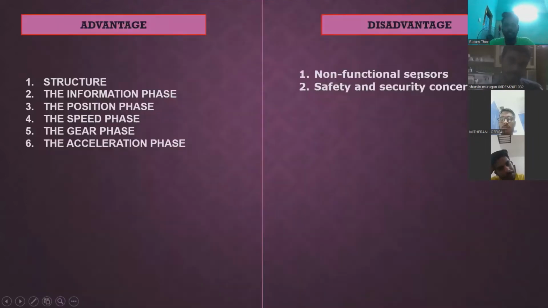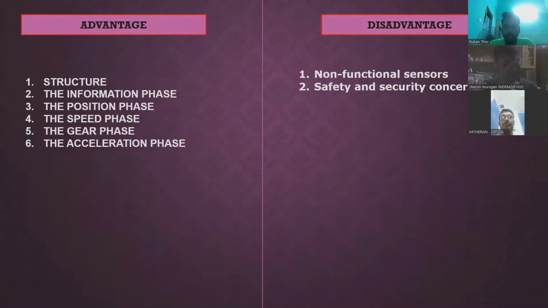Okay. So next is the advantages and disadvantages of the automobile car. The advantage of the automobile car is structure. As with any set of recommendations, the system of car control is divided into stages.